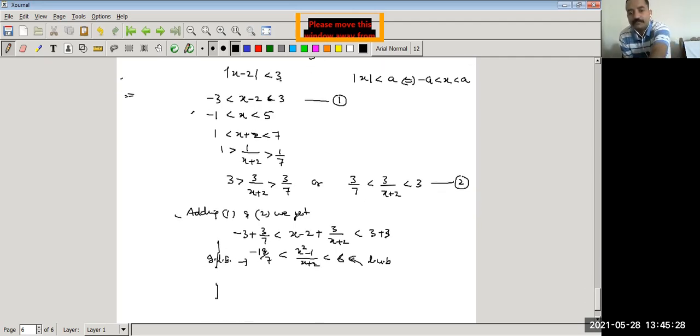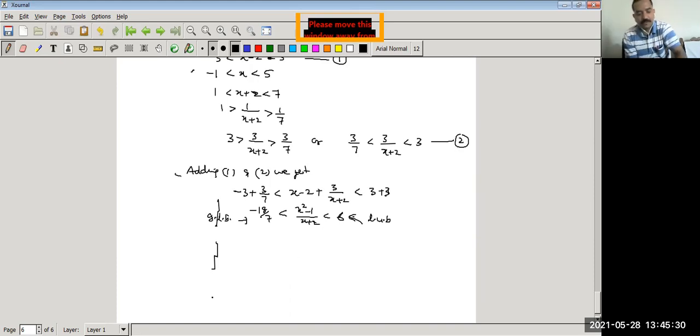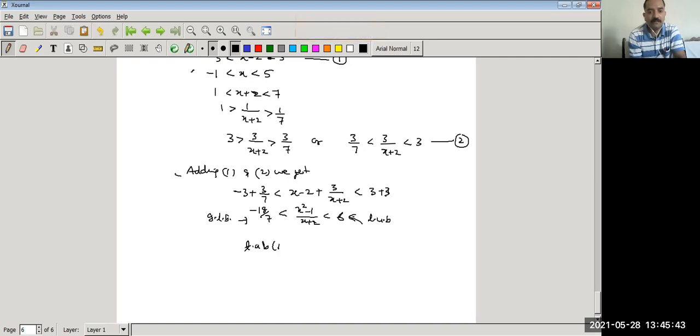So the least upper bound and greatest lower bound of A: LUB of set A is equal to 6, and GLB of A is equal to - 18/7.